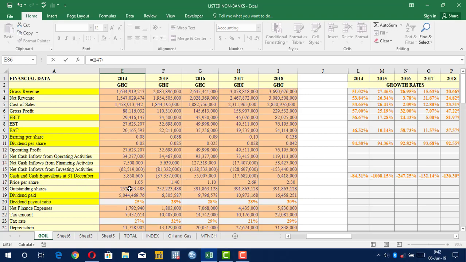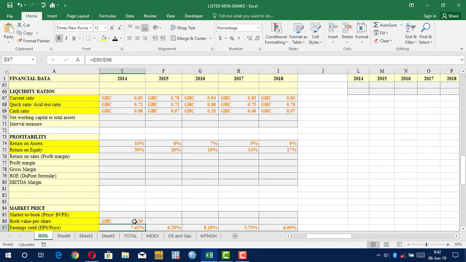So we have outstanding shares here, and the book value per share is this. Investors always use this book value per share as a benchmark. They always hope that the market price of the company will not fall below this book value per share. In simple terms, if you take the total equity of the company and divide it by the total number of outstanding shares, this is how much you are getting.